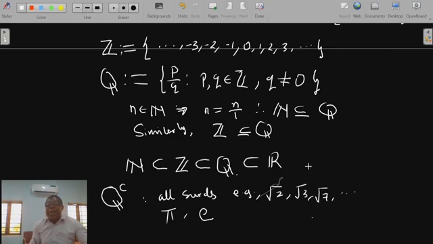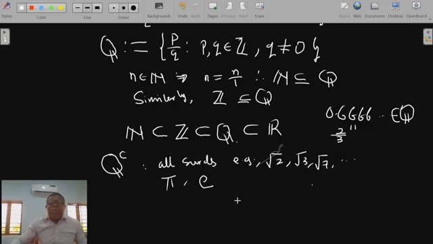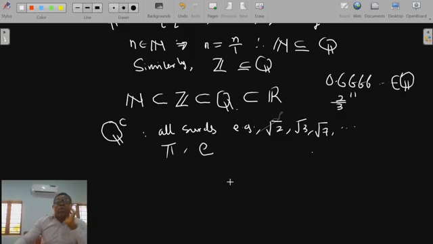So a number like 0.6666 and so on is an element of what? Of Q, because it is a recurring decimal, and we can write it as 2 over 3. So we now see what the irrational numbers are: numbers that we cannot express as rational numbers.